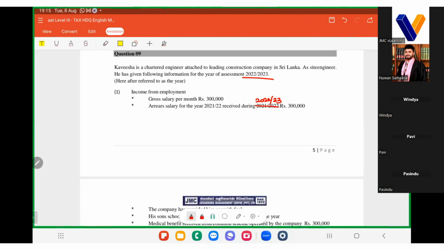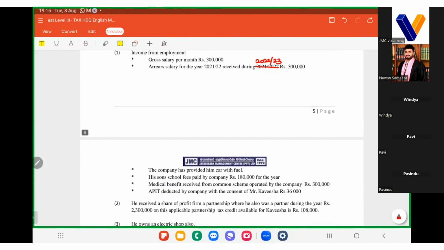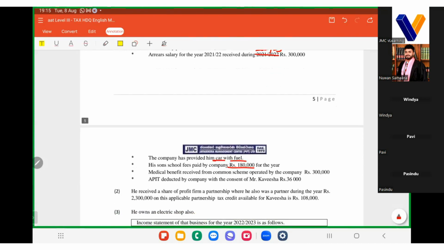That is the year of assessment we are considering for our discussion. Not only that, the company has provided him a car with fuel, his son's school fee paid by the company, 180,000 for the year. The medical benefit from the common scheme operated by the company is 300,000. Then APIT deducted by the company with the consent of Kavisha, 36,000.